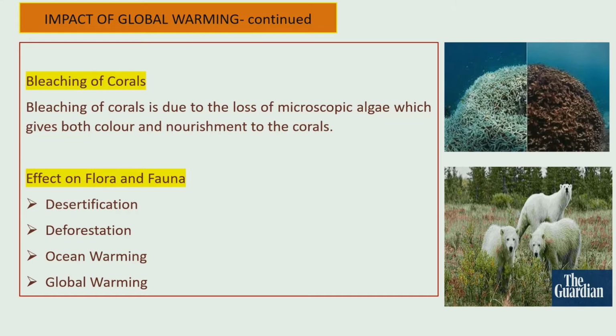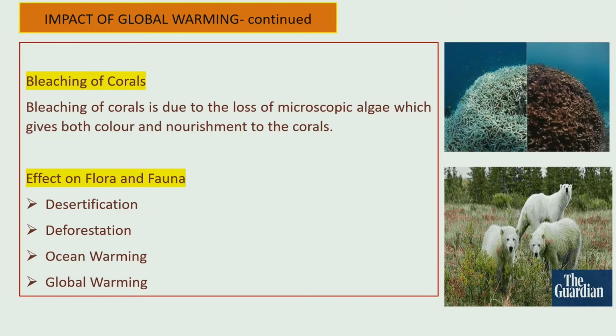If the globe keeps warming up this way, by around 2050 there is a risk of extinction of 30% of animals, if the average temperature rises by 6.4 degrees Celsius. So there is so much risk.